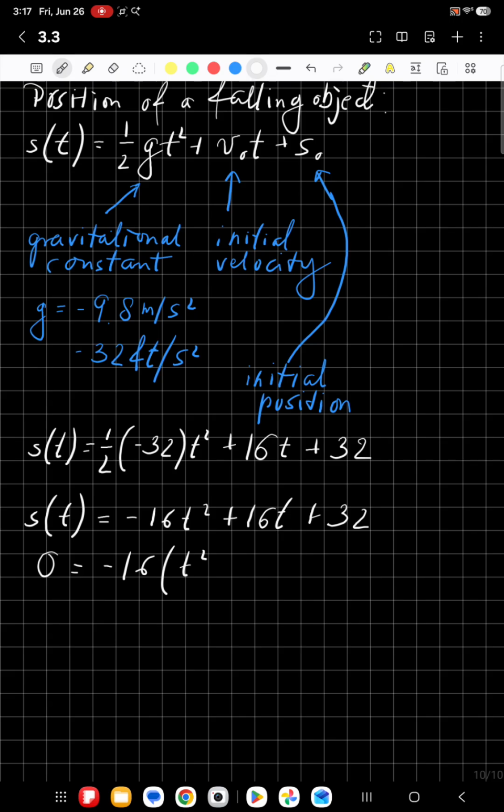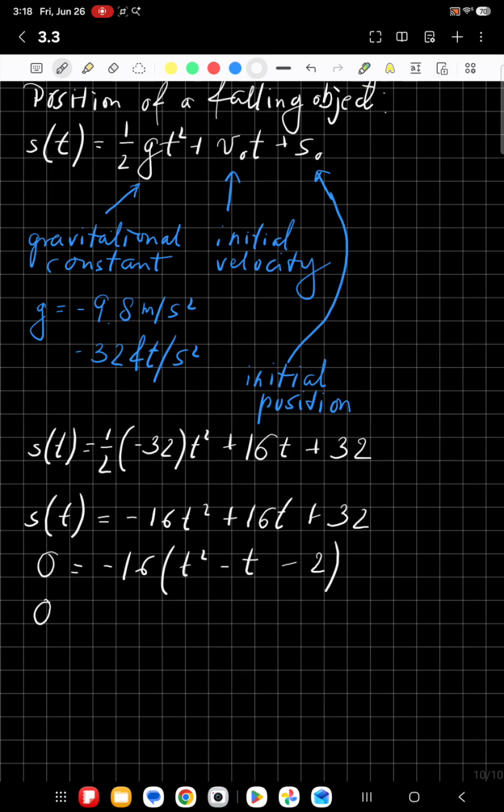So I have t squared minus t minus 2. I just factored 16 out. Now I will factor this expression. I hope it's factorable. We need two numbers that multiply into negative 2 and add to negative 1. That's how we factor.